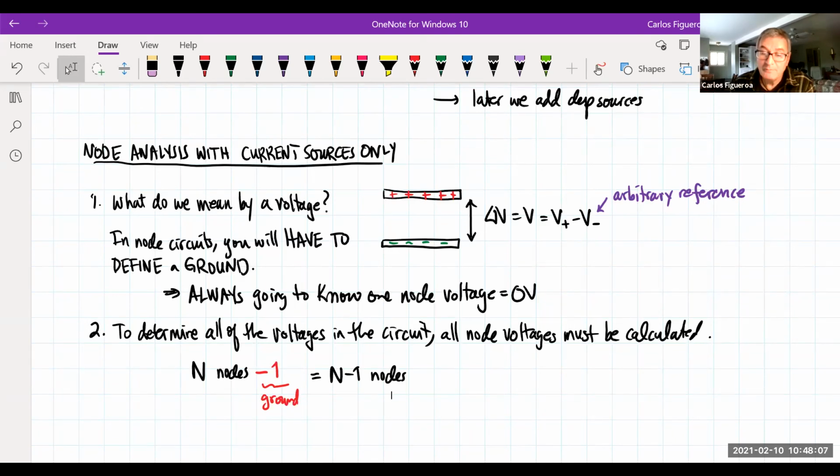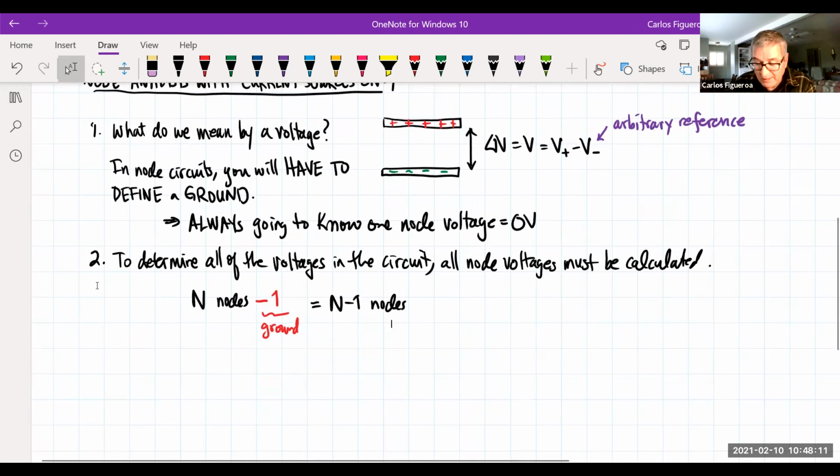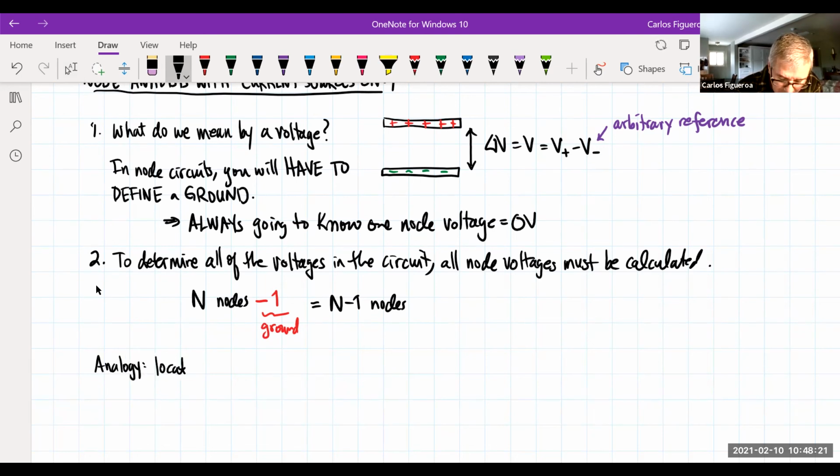And maybe I should actually make a remark about this because I think this is going to keep coming up. Let me give you an analogy about the location of the ground.